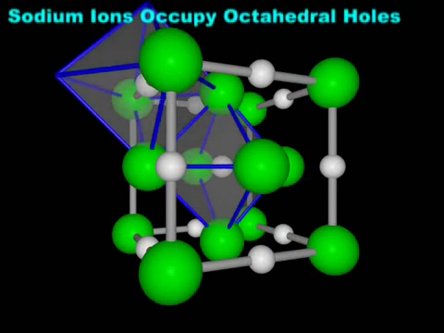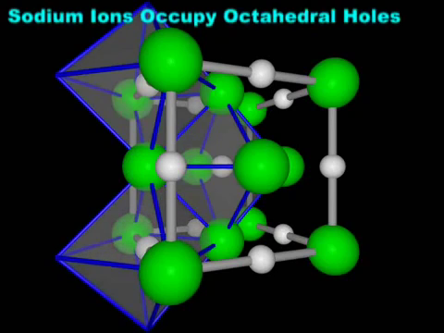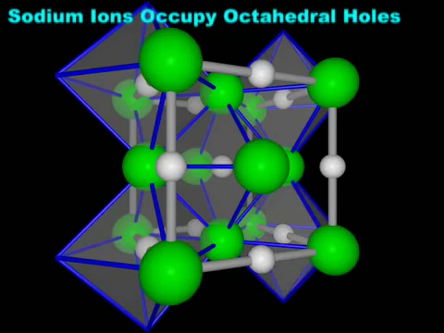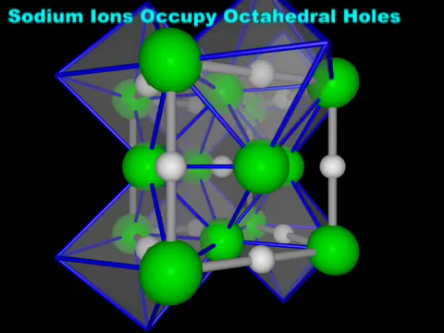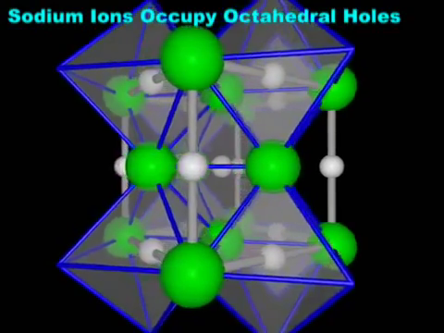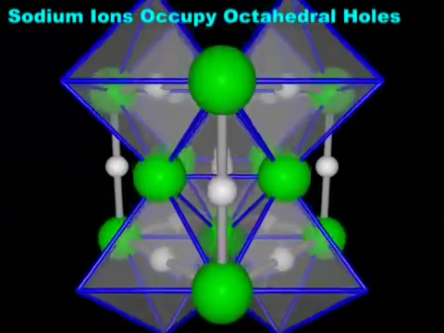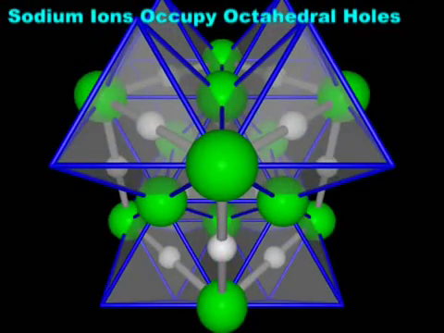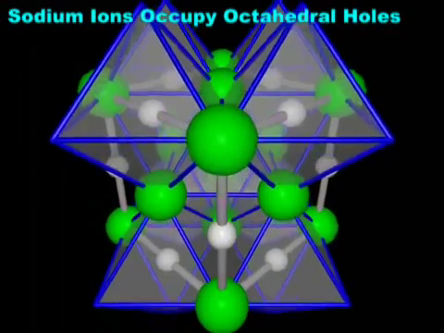Each sodium ion lies at the center of an octahedron of chloride ions. Since an array of n close-packed atoms give n octahedral holes, and since there is 1 sodium ion for every 1 chloride ion, all of the octahedral holes are occupied. In contrast, the tetrahedral holes are vacant.